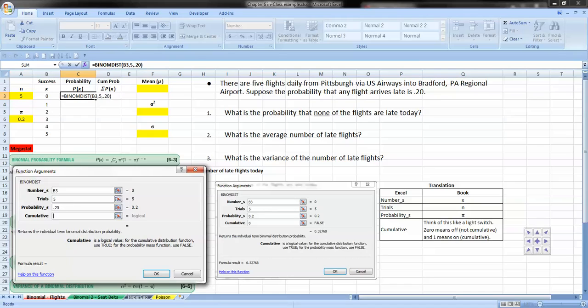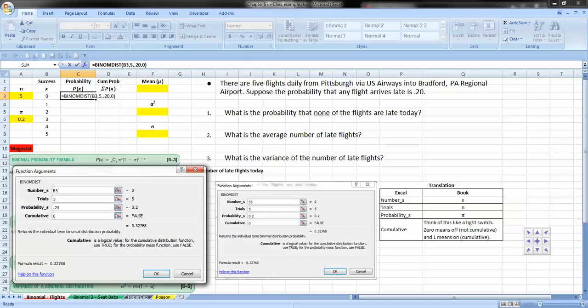Now the cumulative is something that we haven't seen in the textbook. It offers us the opportunity to do a cumulative probability distribution, and if we were to type in yes, we get a true value, which means yes, we do want it to be cumulative. We do not want it cumulative here for our probability distribution, but we will want it when we do the cumulative probability distribution.